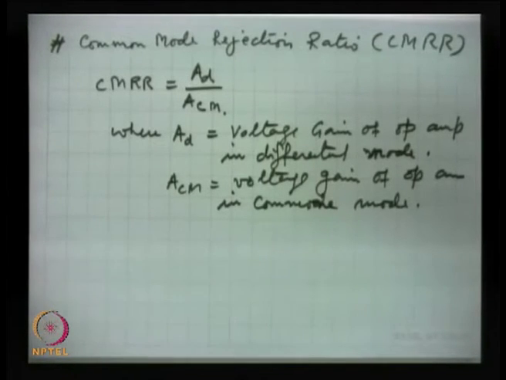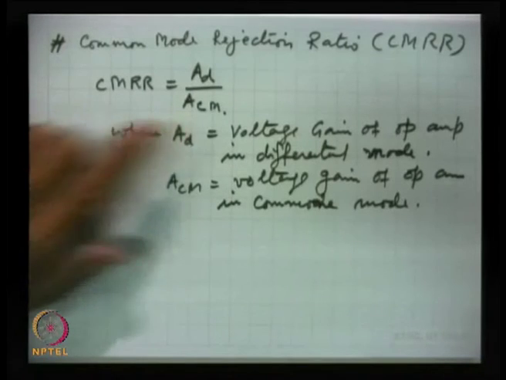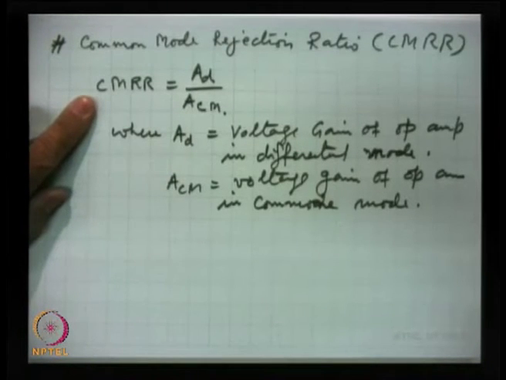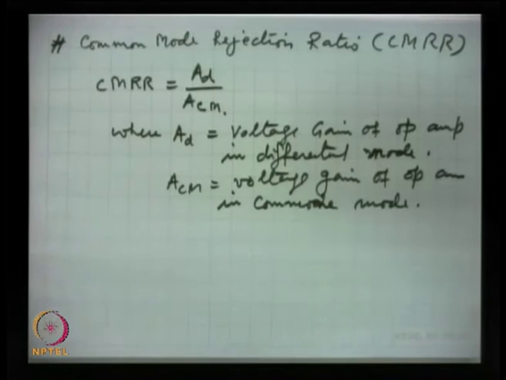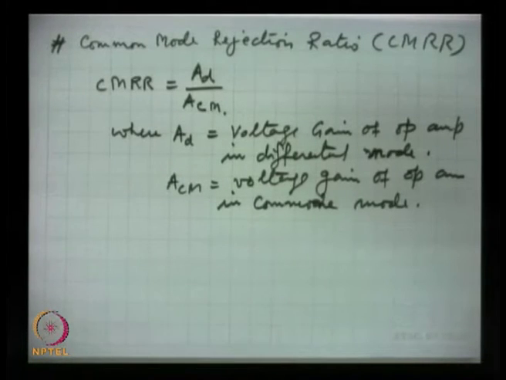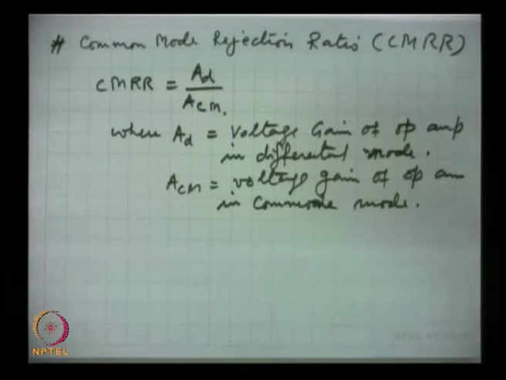Ideally, this is supposed to be 0, giving the common mode rejection ratio as infinitely high, but in practice that voltage will not be 0, but still it is very small, and this common mode rejection ratio is measured in decibels, and normally 70 to 80, even higher CMRR values are there for op amps.